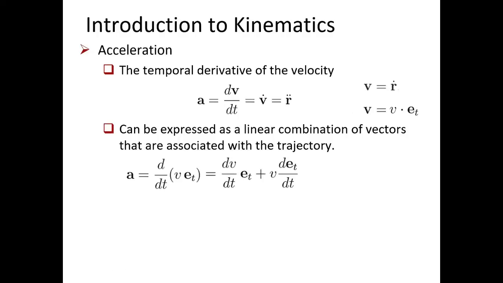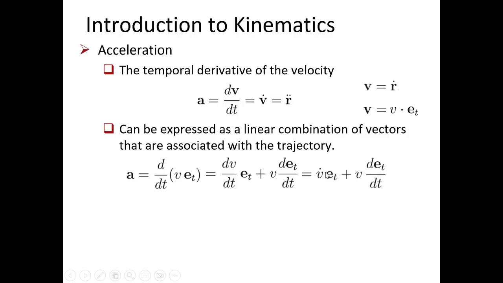And I hope you know how to do the derivative of a product like this. One is a scalar, one is a vector. So you will get dv over dt into et, plus v into det over dt.